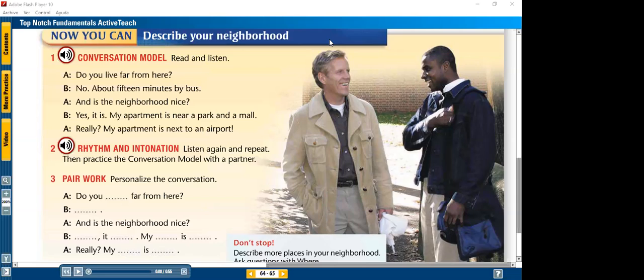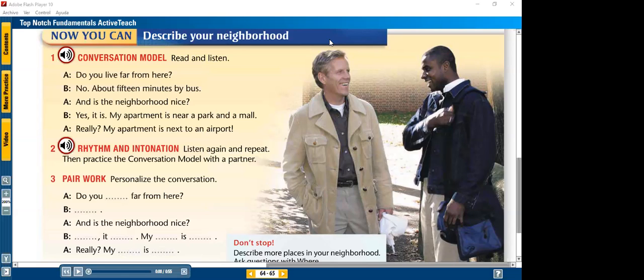Okay, yeah. My apartment is near, sorry, me olvidé la idea que dijiste. Museum and a stadium. Okay.